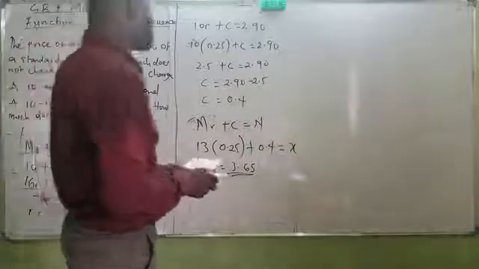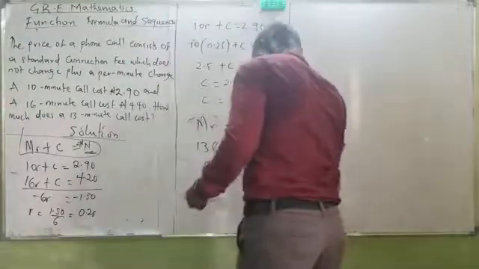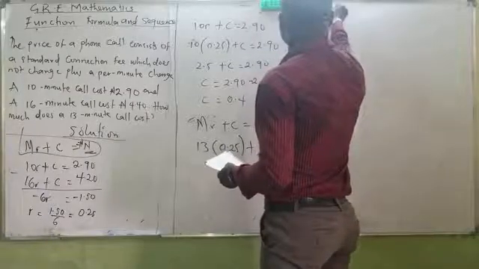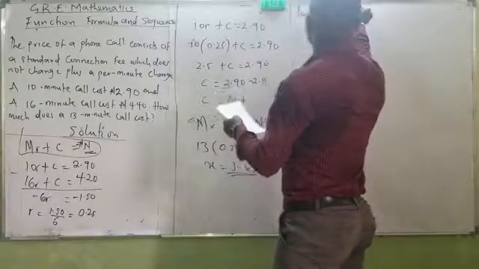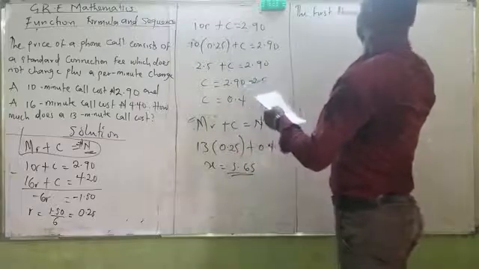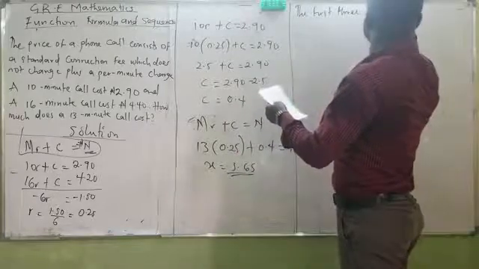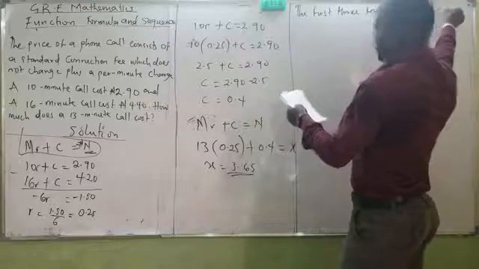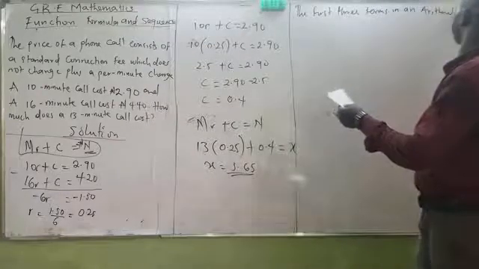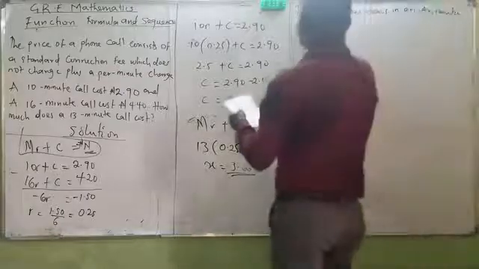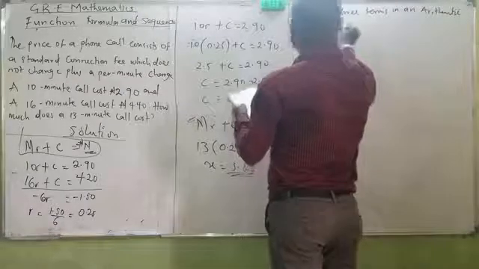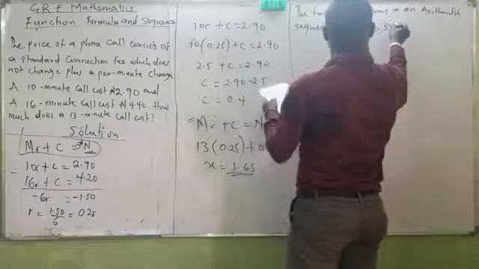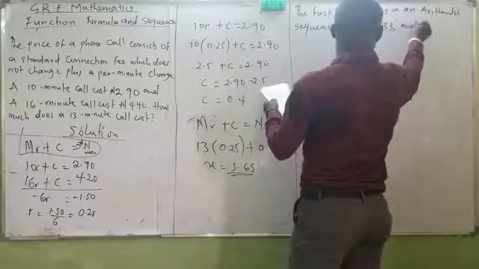Now, let me go into the sequence properly. Look at this sequence. The first 3 terms in an arithmetic sequence are 30, 33, and 36.